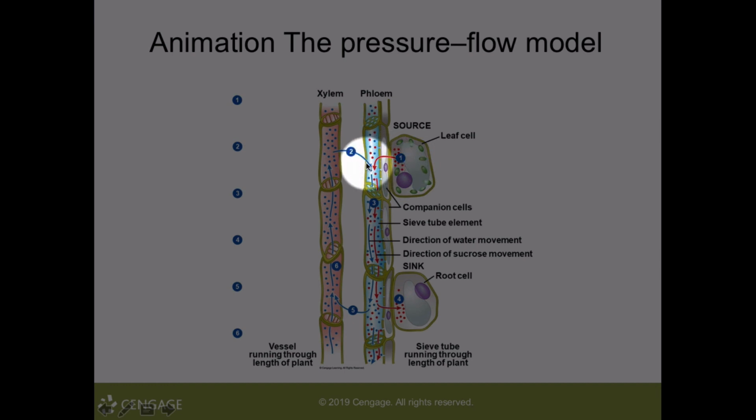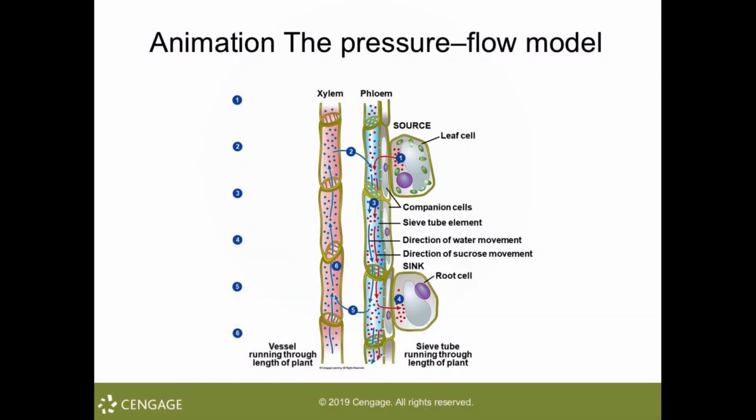The second part, with my arrow, I hope you all are writing this out as I mentioned earlier. You can use arrows, use a flow chart. The second portion here is that water, by way of osmosis, diffuses into the sieve tube cell, that sieve tube element. So next, this increases turgor pressure.